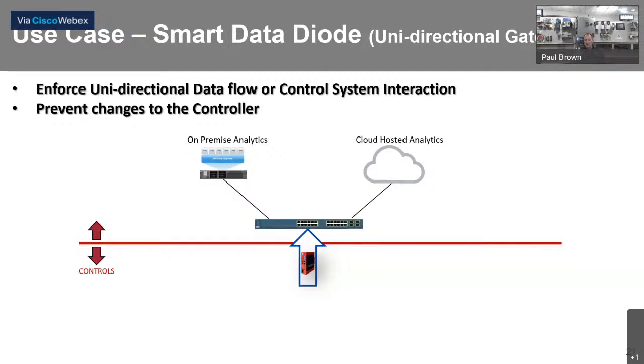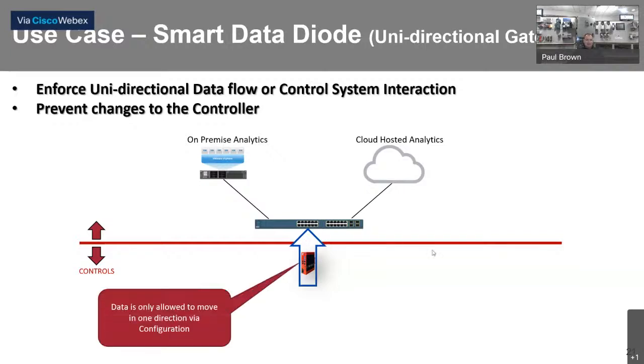Traffic is allowed to flow out of the control network, go up and do some analytics in the cloud or on site on the corporate network for some analytics and data. And again, as the little pop-up shows, data is only allowed to move in one direction. So essentially that protects against outside threats coming into your control network.